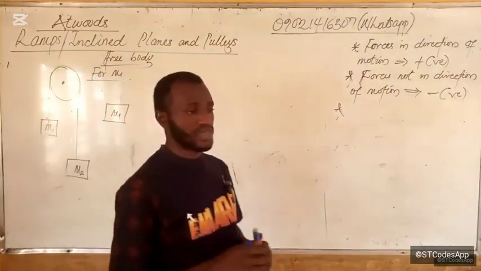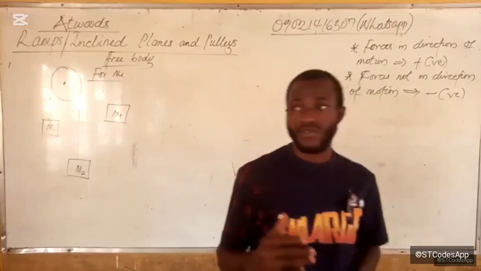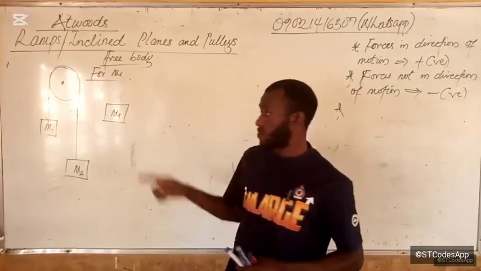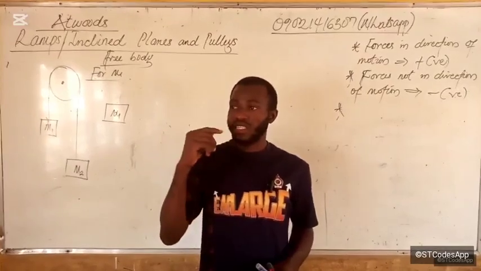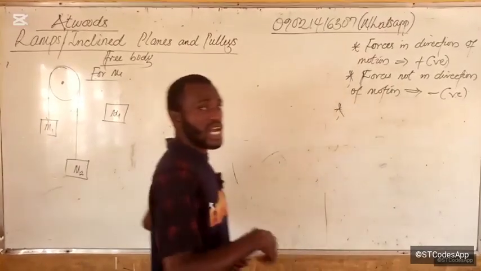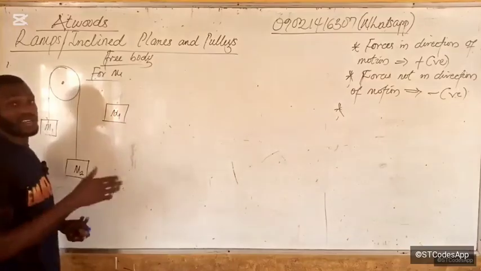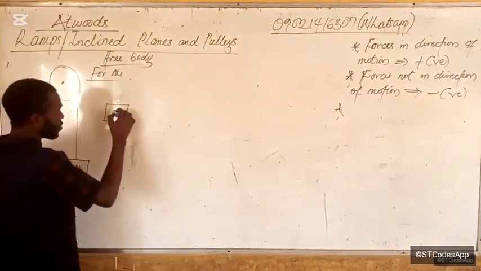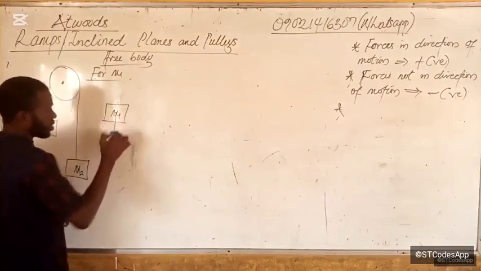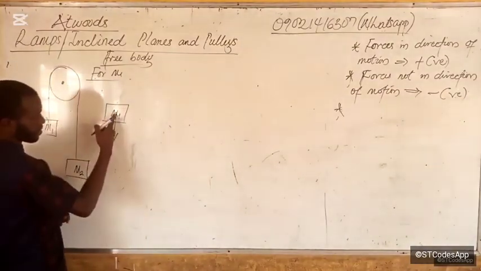You know that for regular bodies, the weight, which is the force acting, is always highest at the center of gravity of the body, which is the center for a regular body. All right. So the center of gravity is where we draw it from. Then we draw it down from the center of gravity.